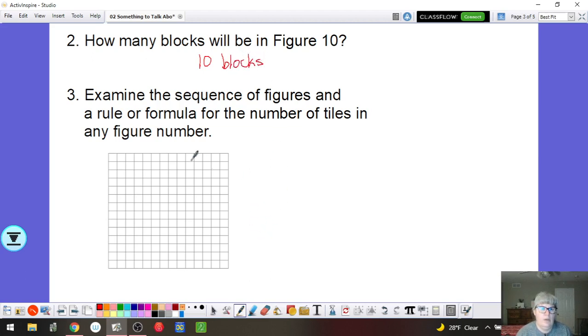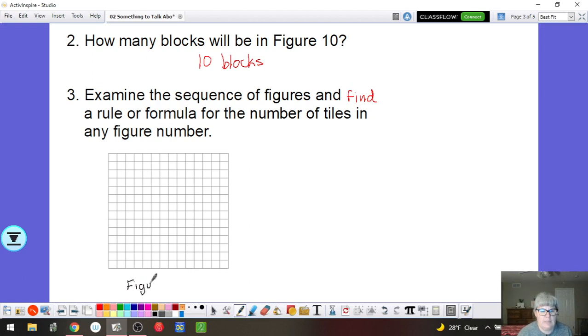Now, we also need to examine this sequence and find a rule or formula for the number of tiles in any figure number. So first thing I'm going to do is create a graph of our pairs.